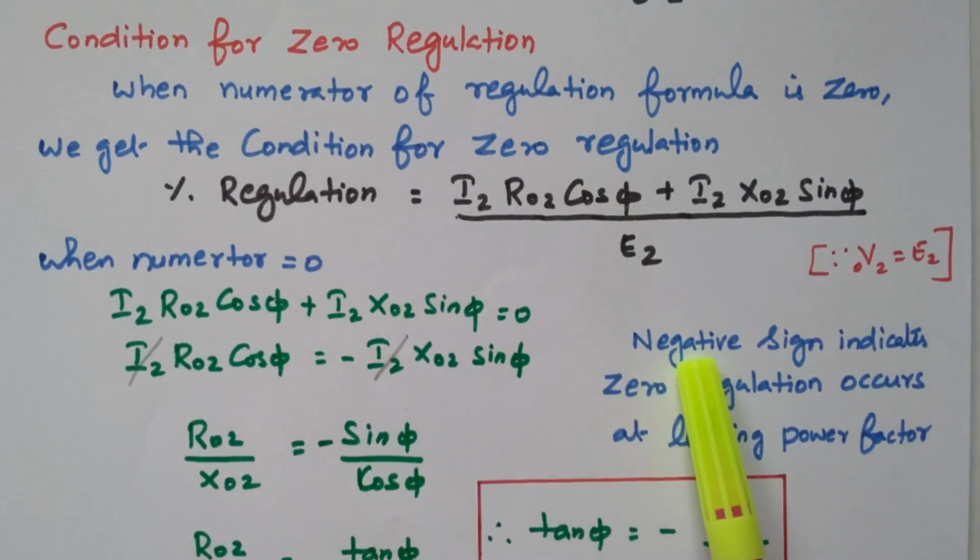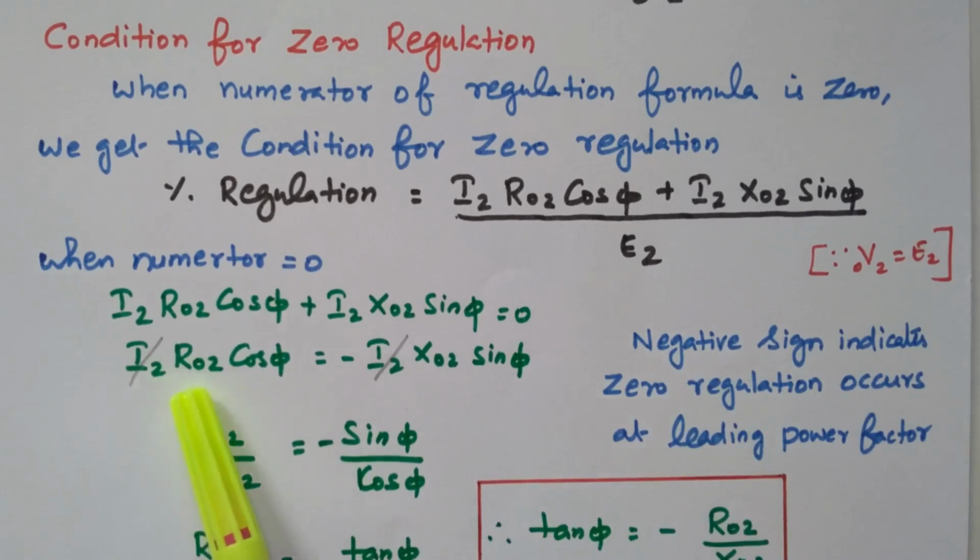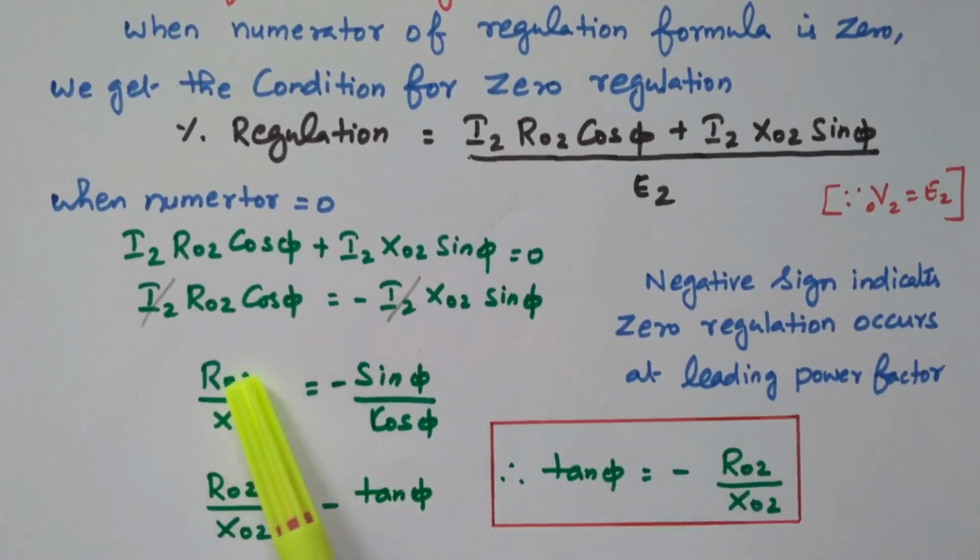Bring this term to the right hand side, so I2 R02 cos φ equals minus I2 X02 sin φ. The I2 gets cancelled. So R02 divided by X02, bringing X02 to this side and cos φ to the denominator, equals minus sin φ by cos φ. Sin φ by cos φ is tan φ. So R02 divided by X02 equals minus tan φ, which can be written as tan φ equals minus R02 divided by X02.